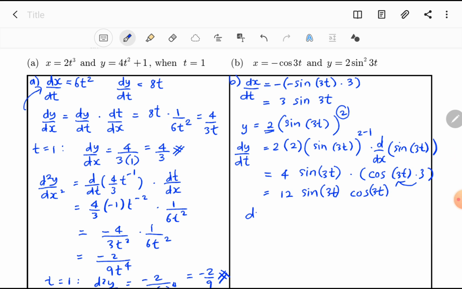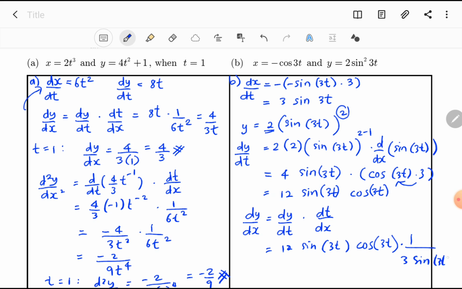Okay, to get dy/dx, we need to use the chain rule. dy/dt times dt/dx. So dy/dt is 12 sine 3t cos 3t and times dt/dx. dt/dx is 1 over negative 3 sine 3t.